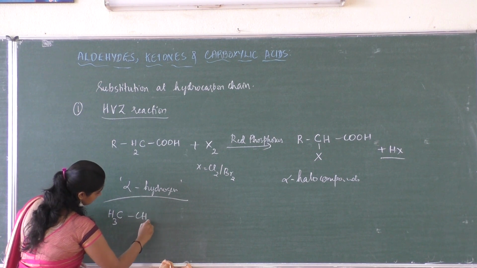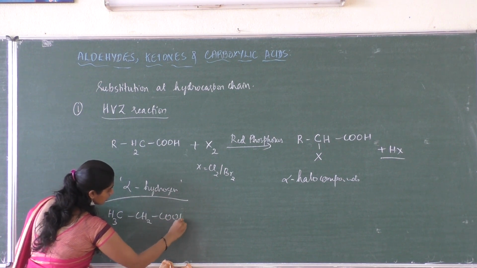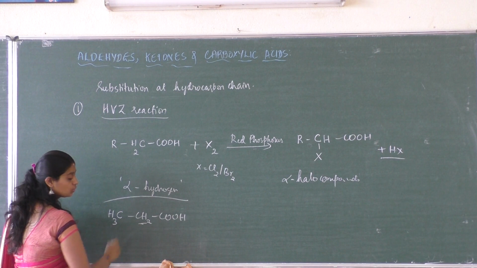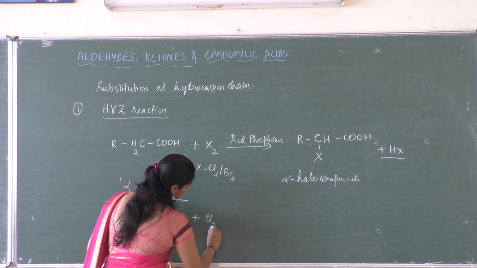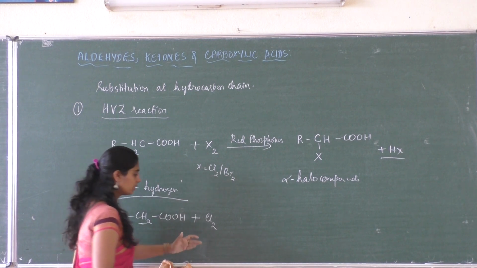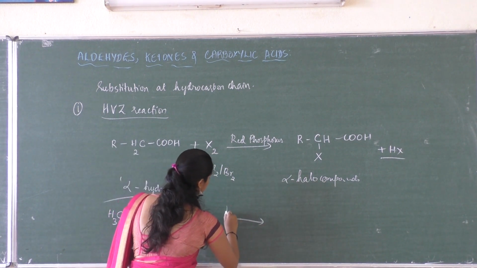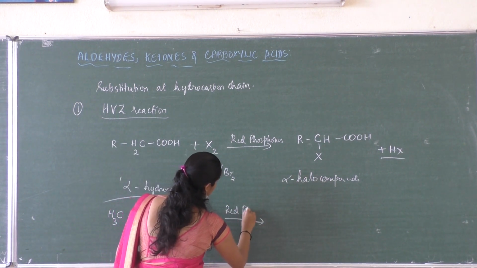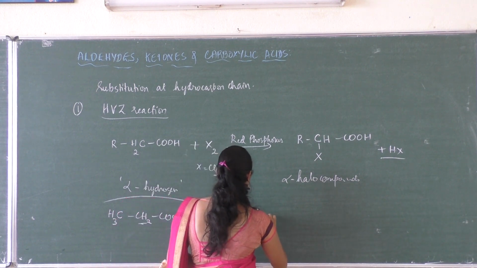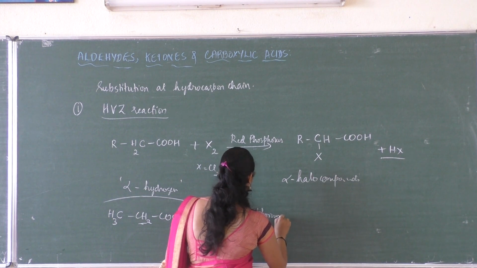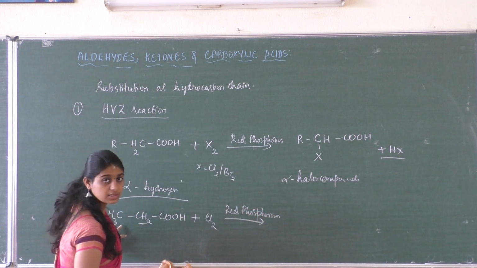CH3CH2COOH. Here this molecule has 2 alpha hydrogen atoms. When it is treated with chlorine, or else we may take bromine, in the presence of red phosphorus, the product will be, the CH3 will be as such.